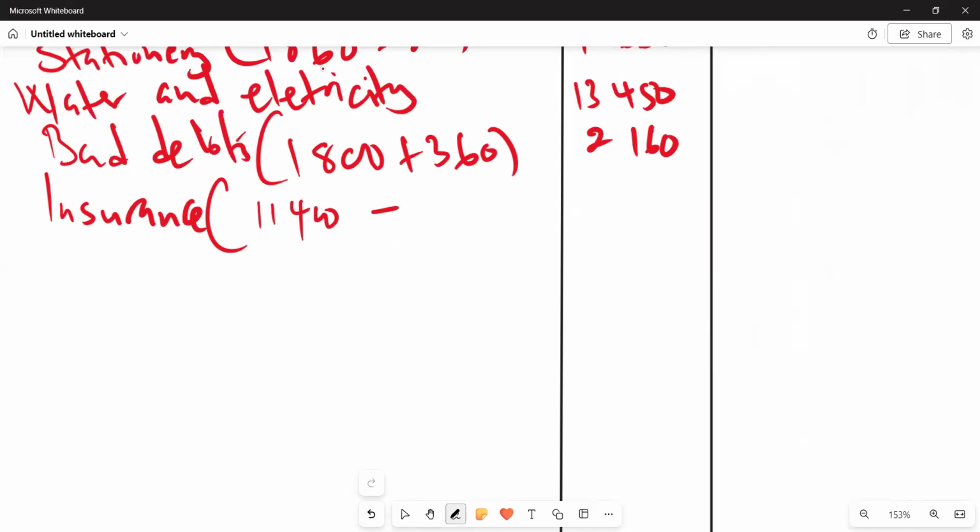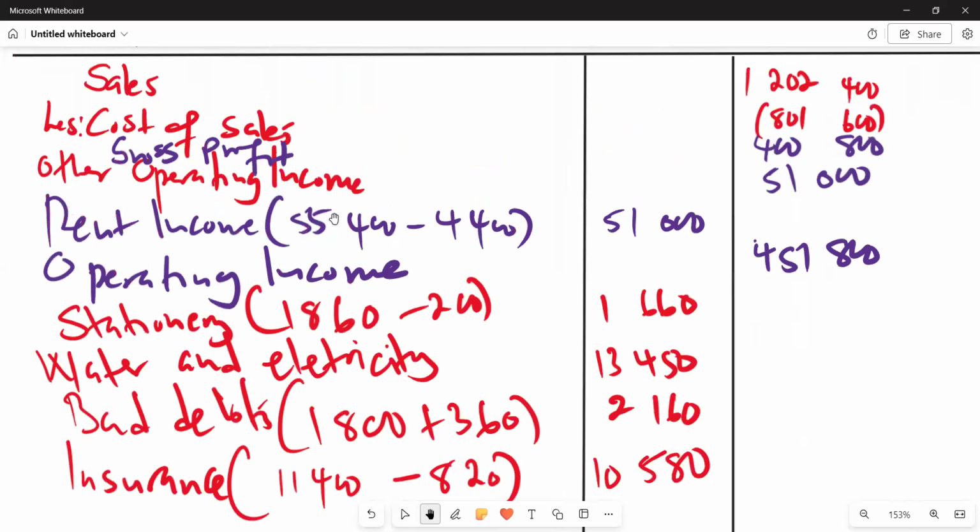Then you subtract your 820. And then you are going to get 10,580 as the net balance. Then you go there and try to find out again about any other expense that we can have.